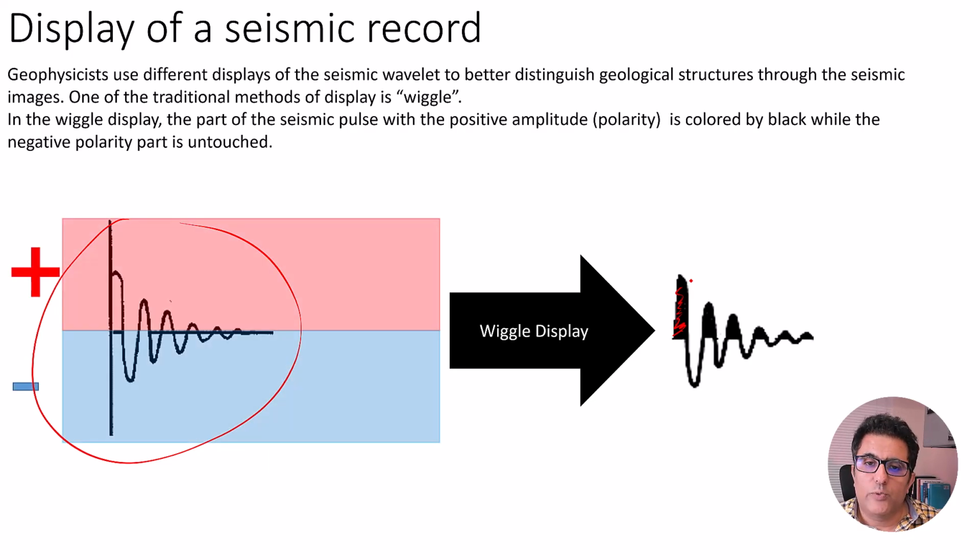This is called Wiggle display, and it was invented many years ago when computers weren't that powerful and didn't have strong graphics. So it was a simple method to display seismic data. You may prefer to color the negative polarity and just leave the positive polarity untouched. This is up to you.